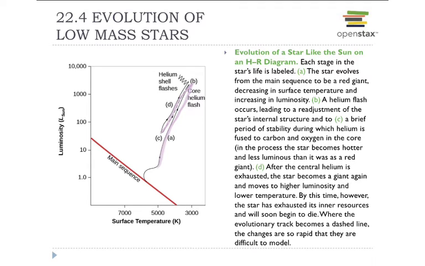Well, then the fuel now in those shells will light up. They'll get hot enough for those to burn, and the star will swell up one more time. So it's kind of this balance of getting large and small and large again. And then ultimately, it will turn into a planetary nebula where it lets go of all of its remaining gases.